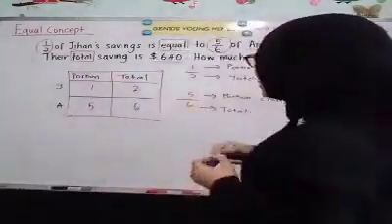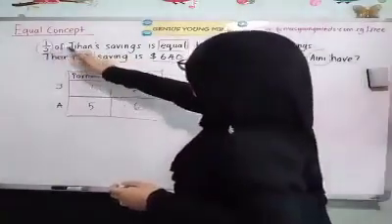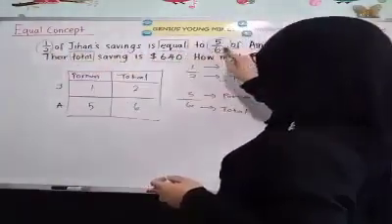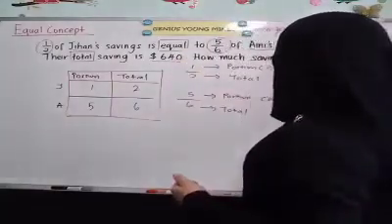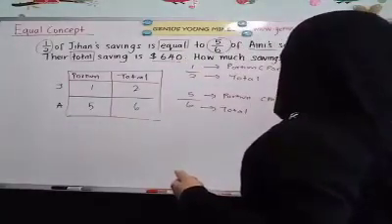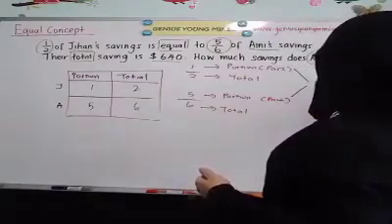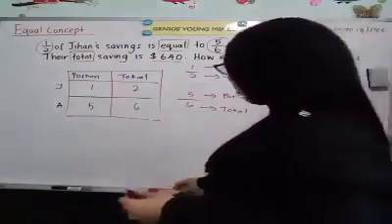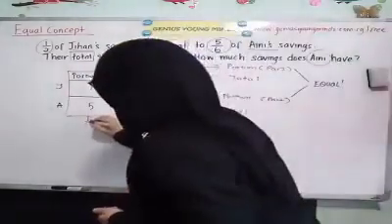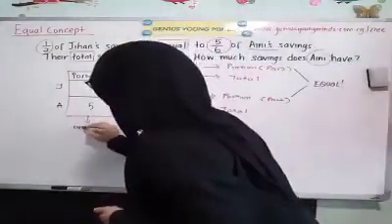The question says 1 over 2 of Jihan's saving is equal to 5 over 6 of Aini's saving. Equal means the portions must be the same, so the numbers in these boxes must be equal.